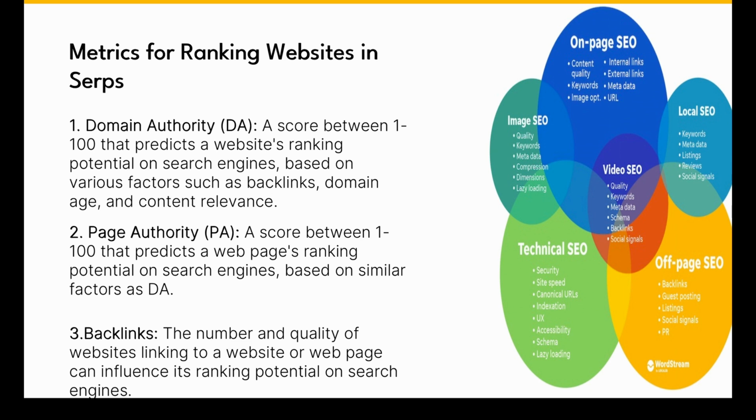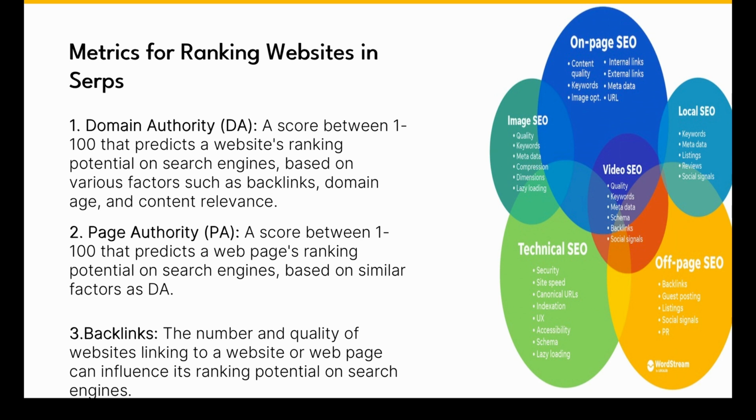Domain authority refers to a score between 1 and 100 that predicts a website's ranking potential on search engines based on various factors such as the backlinks we mentioned earlier, domain age, which is the age of the website, a website which was bought today will be a month old in a month or a year old in a year's time. So a website which is a year old and a website which is 10 years old, there's a huge difference. And content relevance, yes.